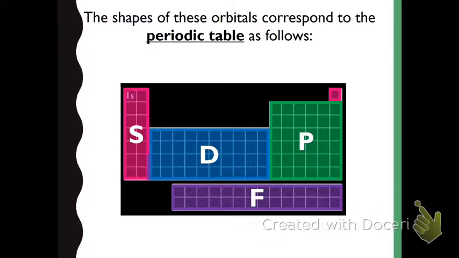That's going to be the 1s. The P block starts at the second energy level of the atom. So second energy level has a second shape. Third shape is our D's, added in at the third energy level. And the F's start at 4. So these are 4 different shapes, S, P, D, and F. We need to know where they are on the periodic table and where each of them starts.